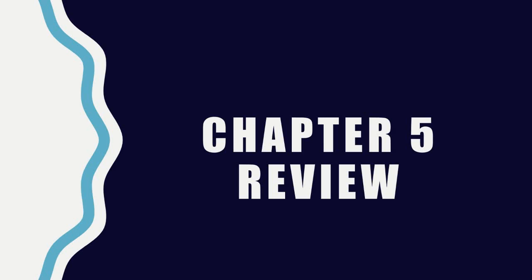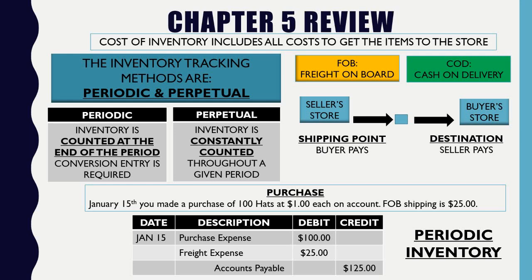Chapter review. So we talked about periodic and perpetual inventory. Those are the two tracking methods for inventory. We talked about shipping, from the seller store to the midway point to the buyer store, who's responsible? Shipping point, the buyer's responsible.